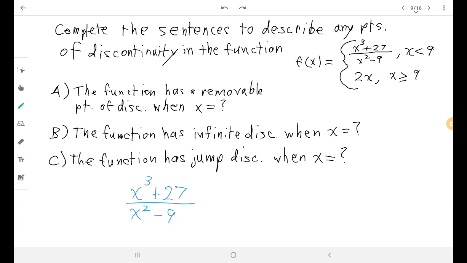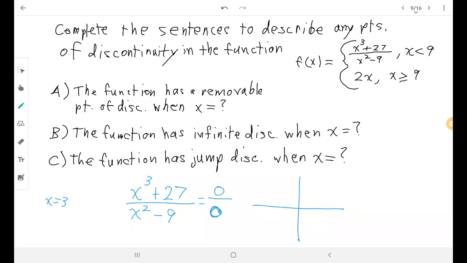Okay? So if you look at it in Desmos, it kind of looks like, let me just make a rough sketch here. We've got at 3, notice that if x equals 3 for this, it's going to be 0 over 0.